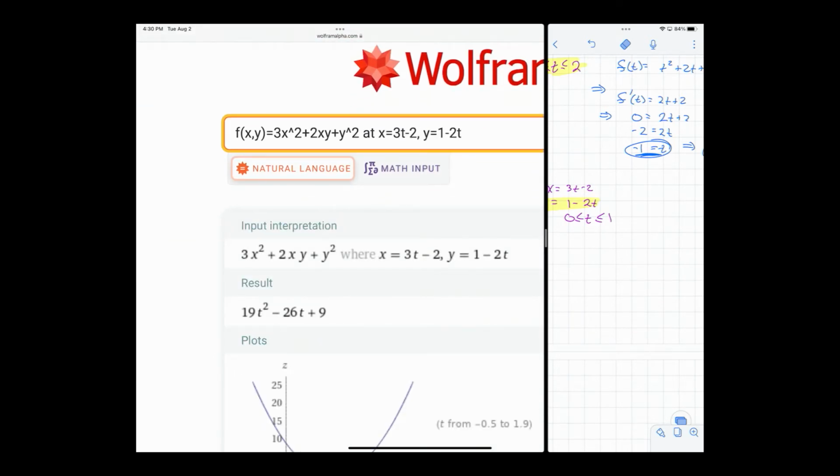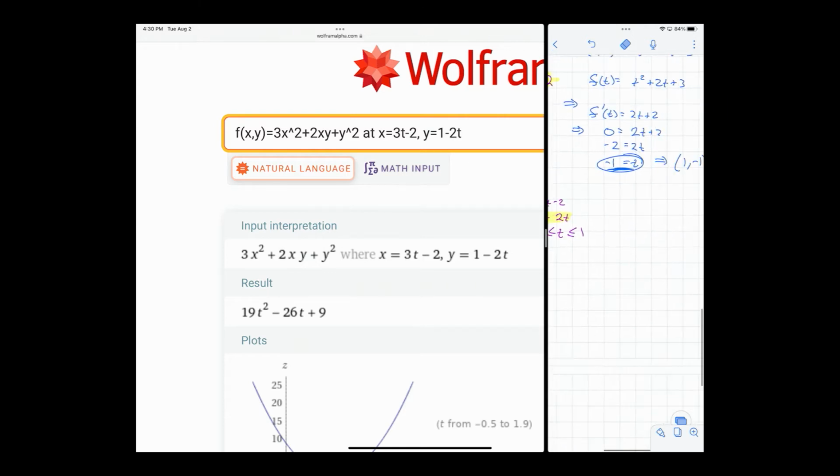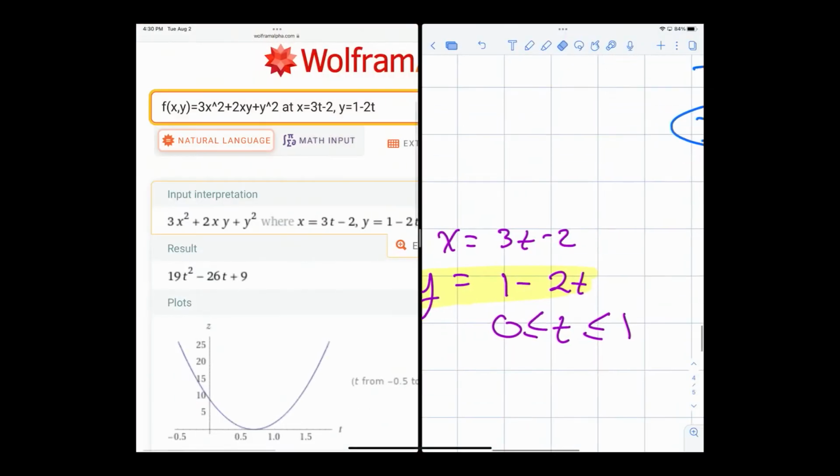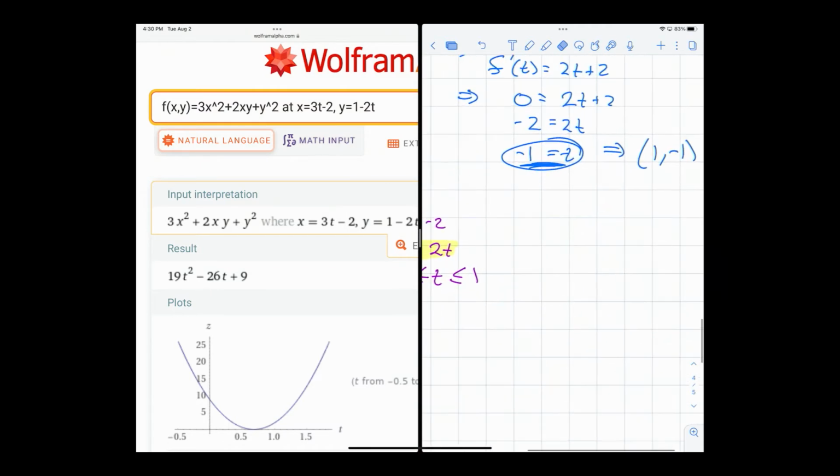So 3t minus 2 and 1 minus 2t. Okay, so we get our f of t for this piece of the curve to be 19t squared minus 26t plus 9.